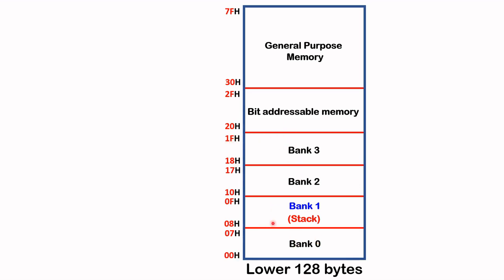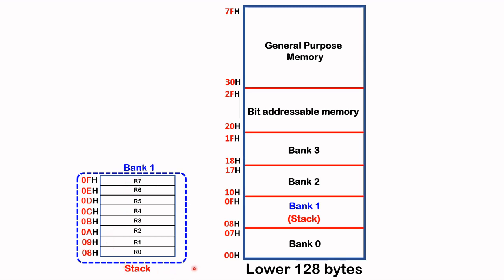And this area of memory is divided into bank 0, bank 1, bank 2, and bank 3. And let's look at bank 1.